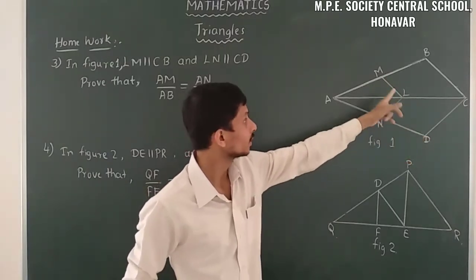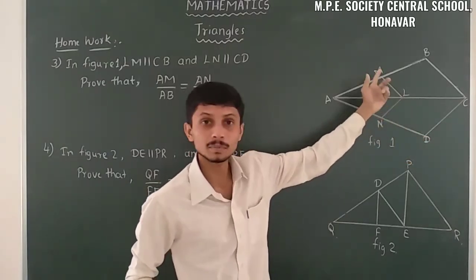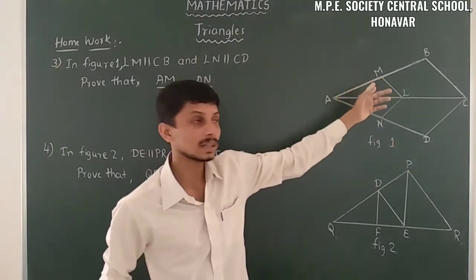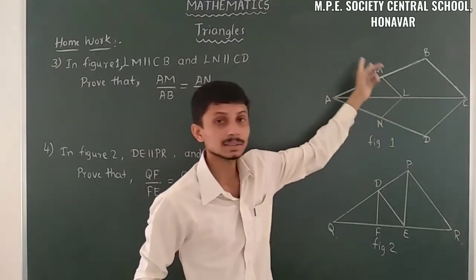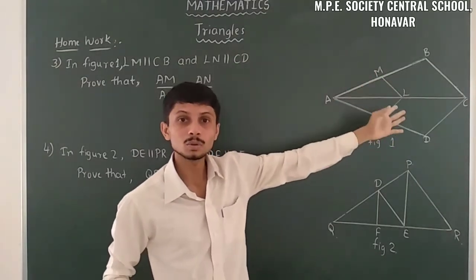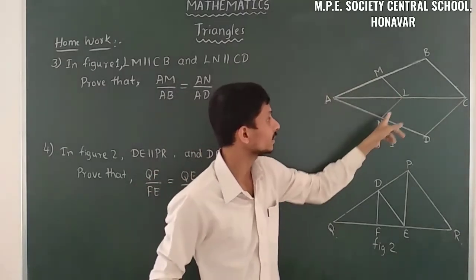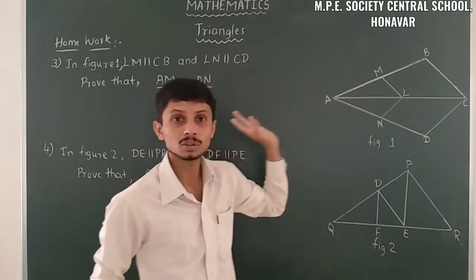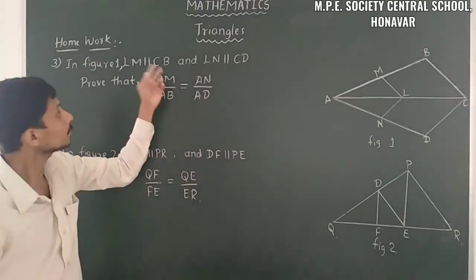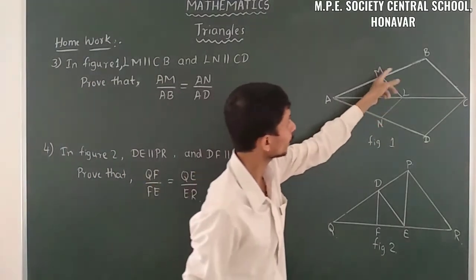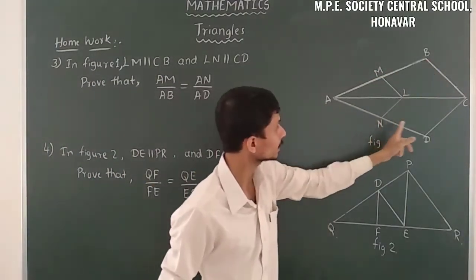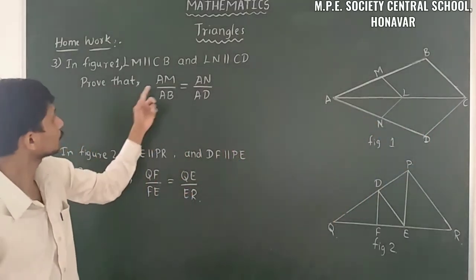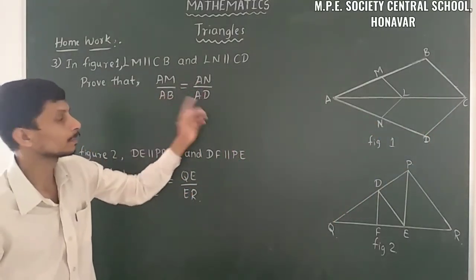Then there are some constructions, LM and LN, lines intersecting the other two sides. We have the condition that LM is parallel to CB and LN is parallel to CD. Here we have to prove that AM by AB is equal to AN by AD.